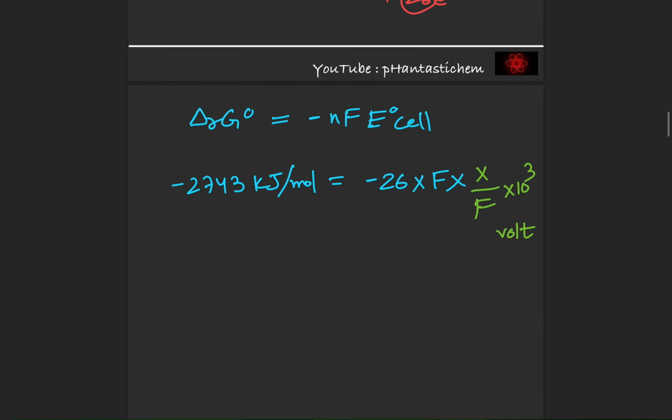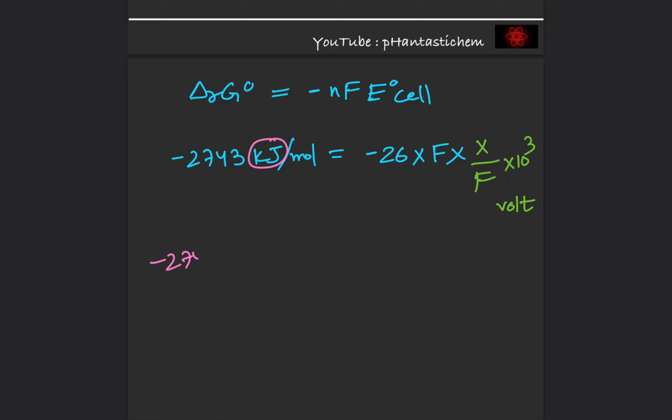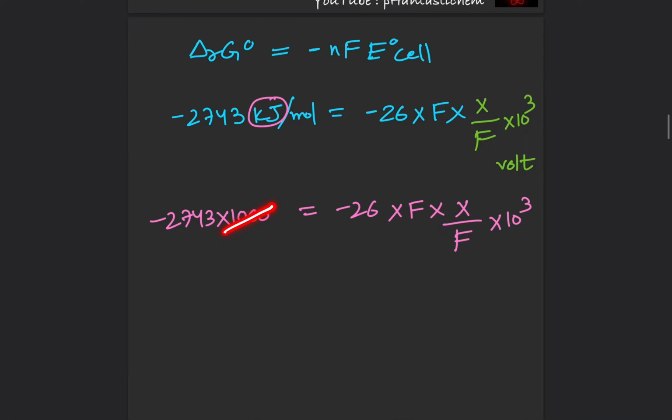Okay, and I will write this kilojoule in terms of joules. So minus 2743 into 1000 equals minus 26 into F into X by F into 10 power 3. So this 1000 and this 10 power 3 get cancelled. This F and this F get cancelled.